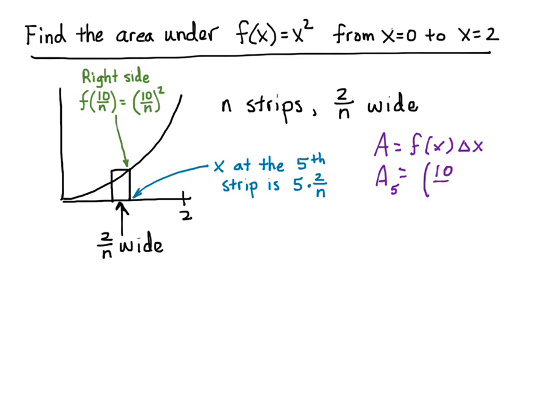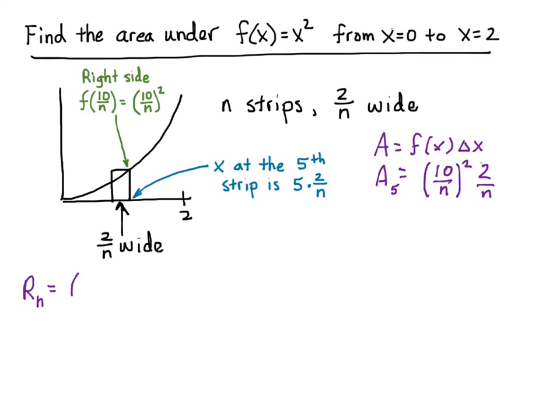And since the area of any strip is going to be the height times the width, I'm using a little bit different notation here. This is the height of the function, and this is the width of my strip. For the 5th strip, this is what it's going to be for any number of strips that I use. The 5th one is going to be like this.